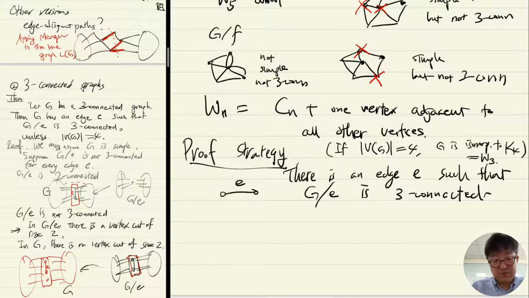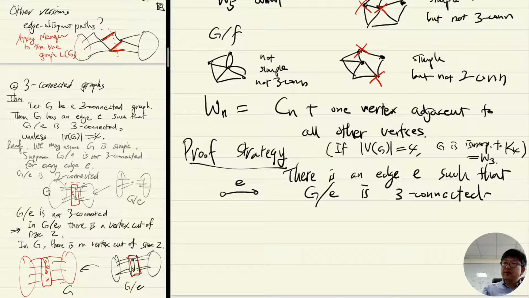So nothing to do, because W3 is one of the instances where the theorem is allowed to fail. So we can assume that graph G has at least 5 vertices, and therefore there exists an edge whose contraction makes a three-connected graph.